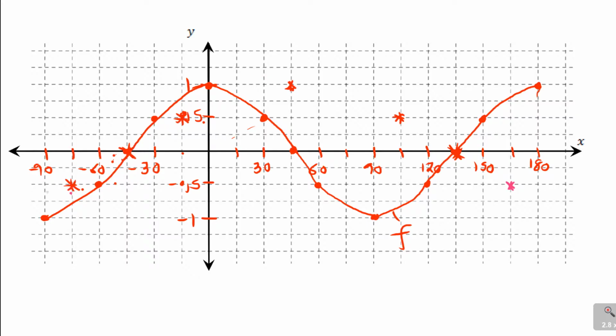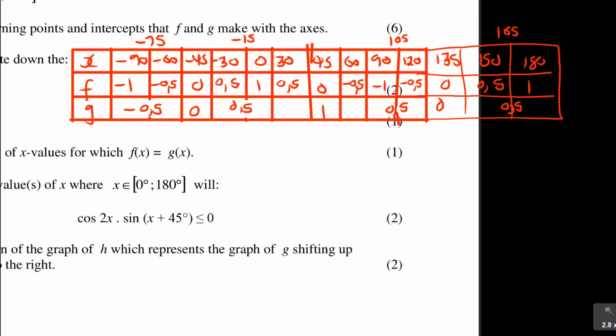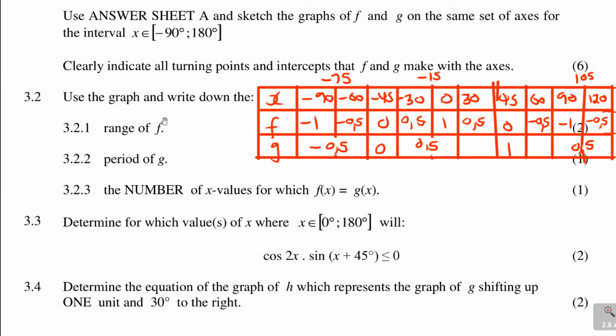Supposed to be a curve like what? Try to come with a curve like that. Okay, so far so good. And then this, you call it g. You see how it's like. Then they say you have to answer questions.